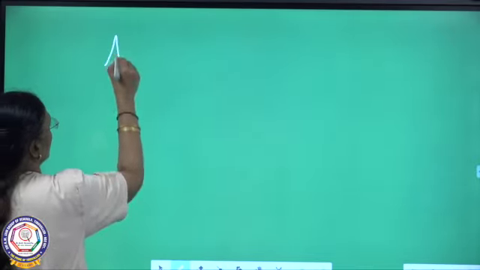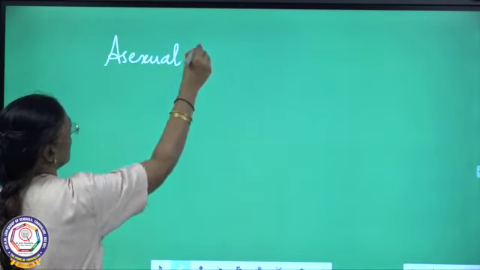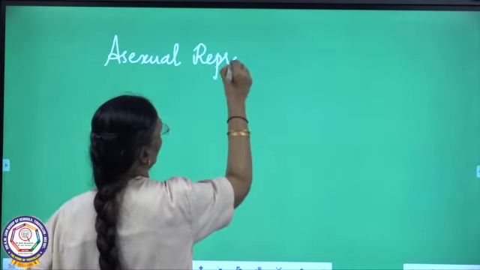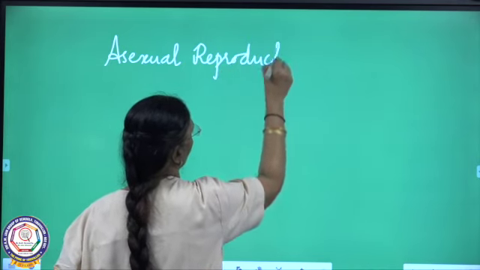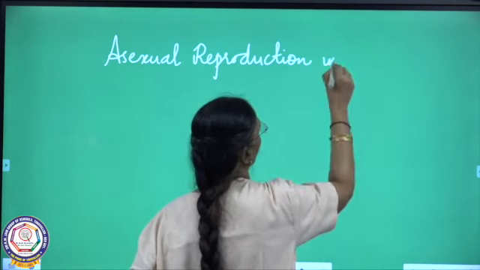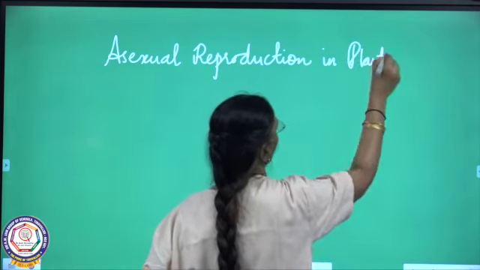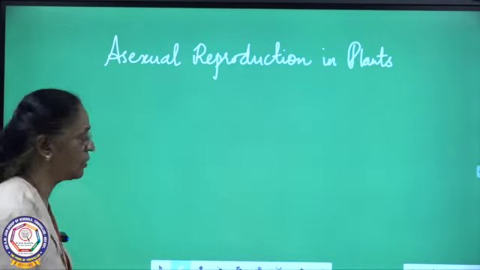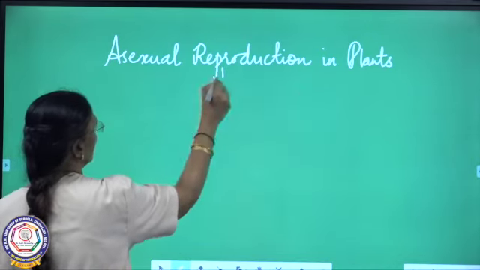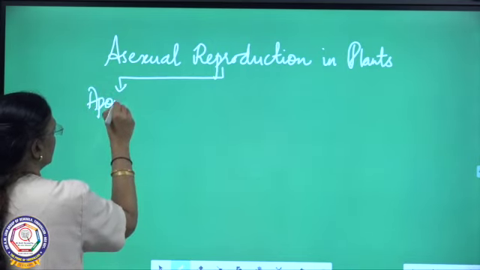Now, when we talk about asexual reproduction in plants, two types we are going to go through. The first one is what we call apomixis.